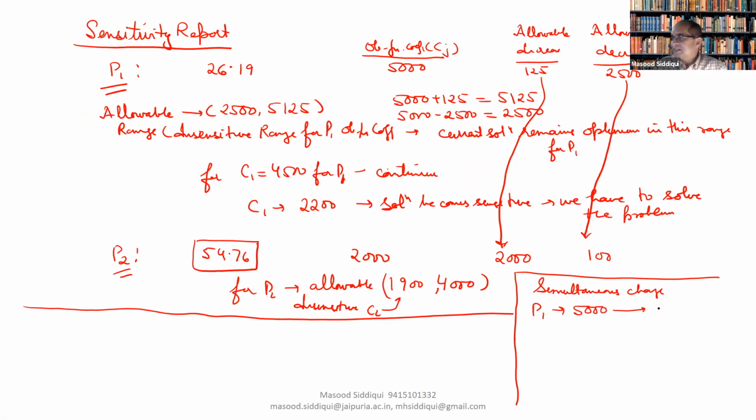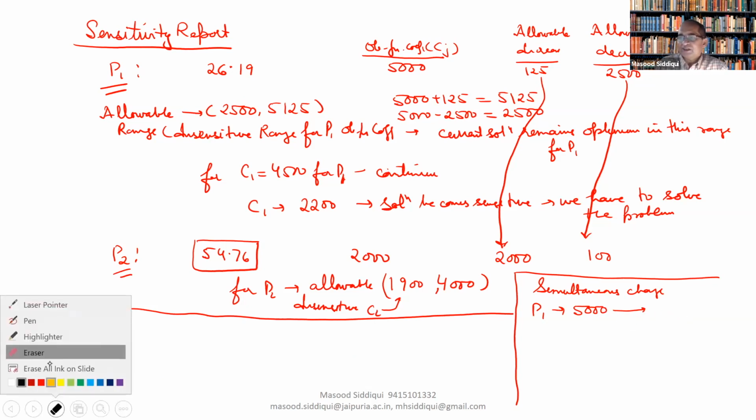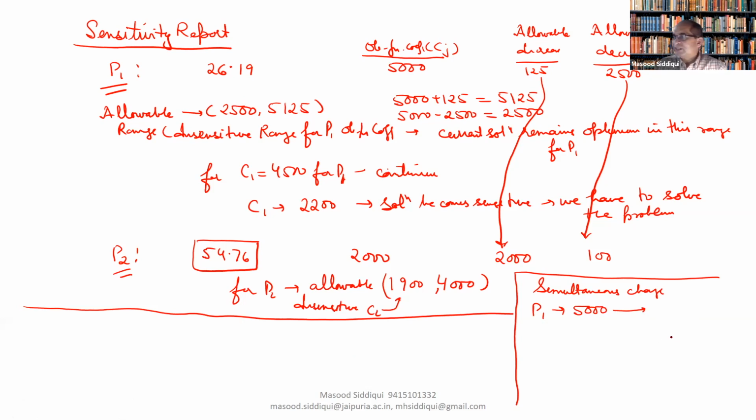It has decreased to 4,750, so there is a decrease of 250 for product 1.